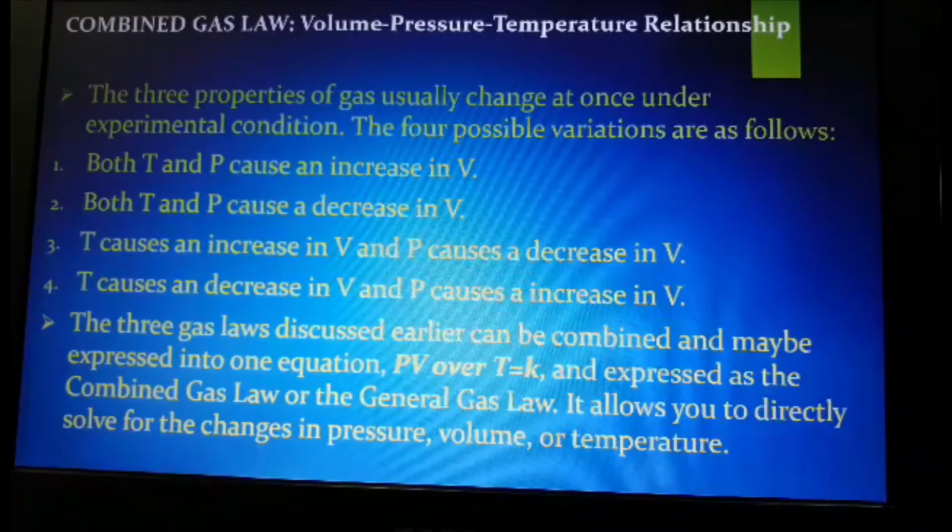Third, temperature causes an increase in volume and pressure causes a decrease in volume. Fourth, temperature causes a decrease in volume and pressure causes an increase in volume. These are the possible variations of the combined gas law.